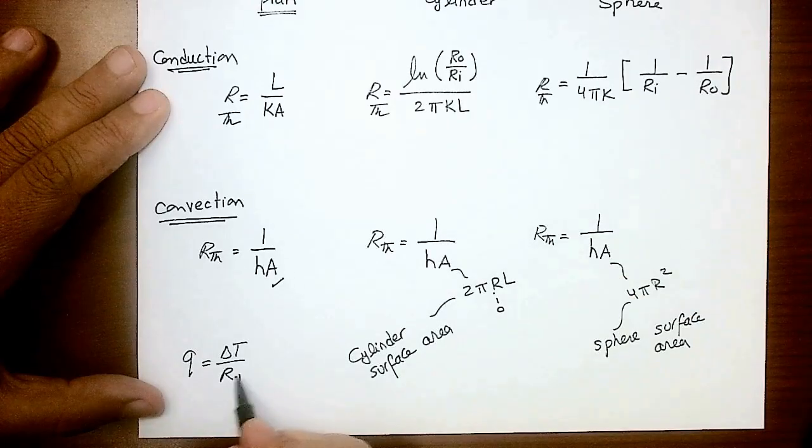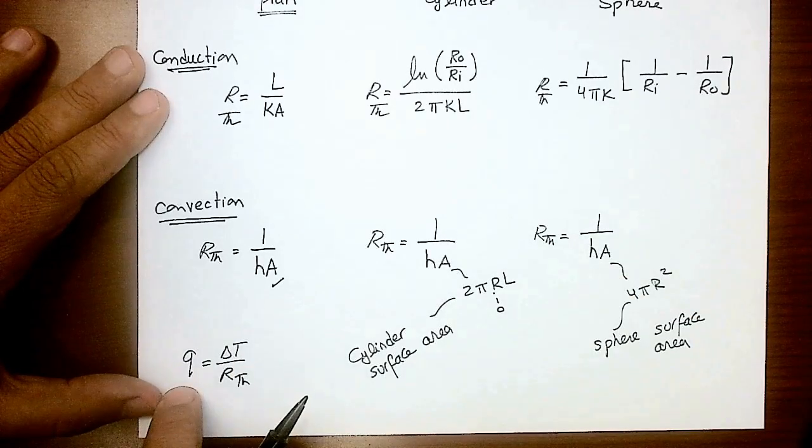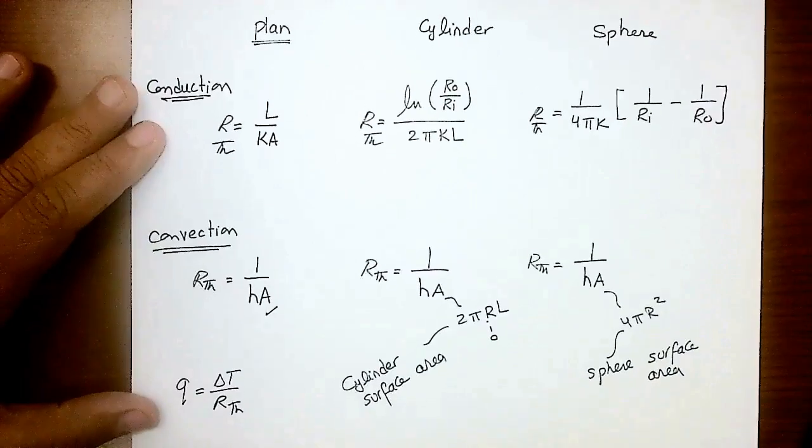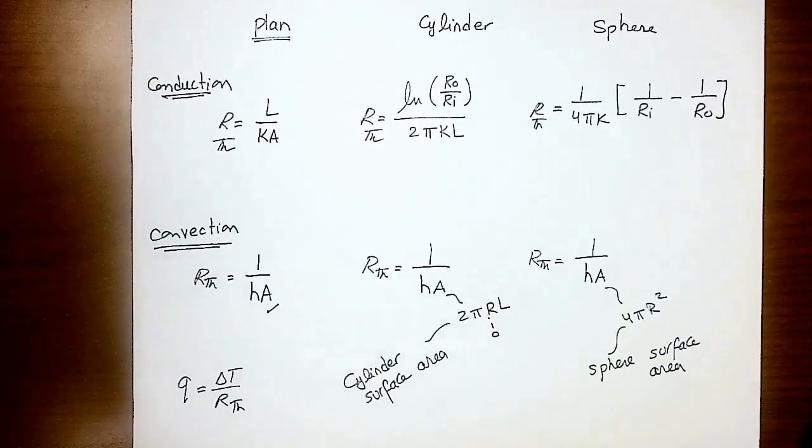Then use this R thermal with any delta T to get Q, or use Q to calculate any other interface temperatures as needed. So that simply summarizes the thermal resistance analysis for plane wall, cylindrical shape, and spherical shape, and how we apply that in a quick and easy way to do the analysis to calculate the rate of heat transfer, or to calculate any interface temperatures as well.